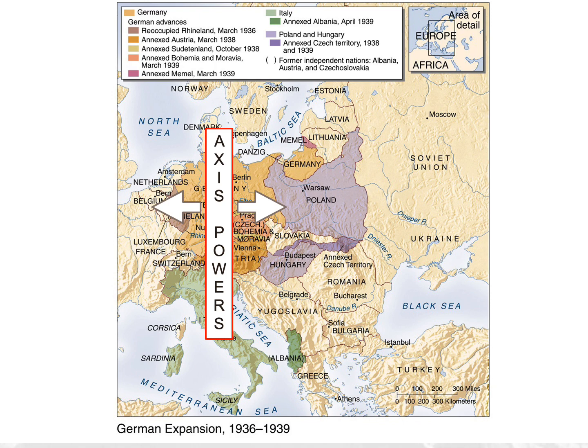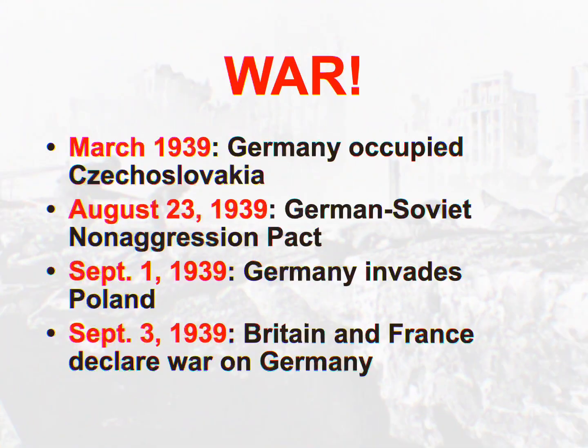Remember, Hitler had promised to stop at Czechoslovakia, and he had made a peace agreement with the United Kingdom, with Great Britain, not to continue any aggressive moves. But of course, Hitler violates this treaty, and as soon as March of 1939, after Hitler has taken Czechoslovakia, and in August of 1939 reveals the secret German-Soviet non-aggression pact, where the Soviet Union agrees not to go into conflict with Hitler, Germany, on September 1st, 1939, invades Poland.